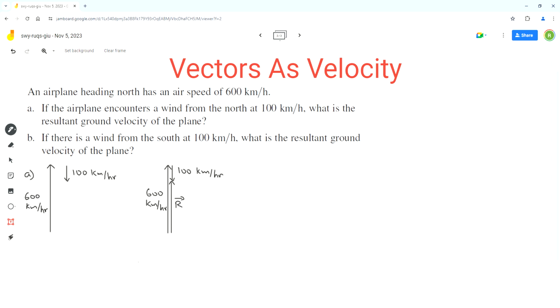Now we can write the equation for the resultant of the airplane's ground velocity. So vector v1 represents the airplane's air speed and vector v2 is for the wind.